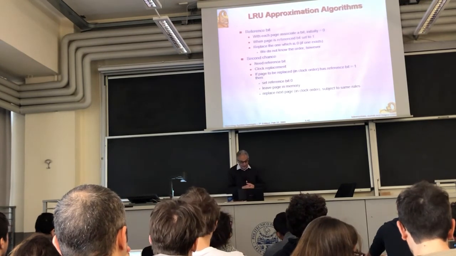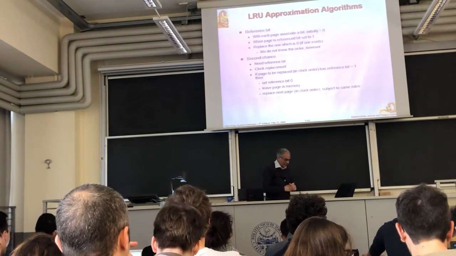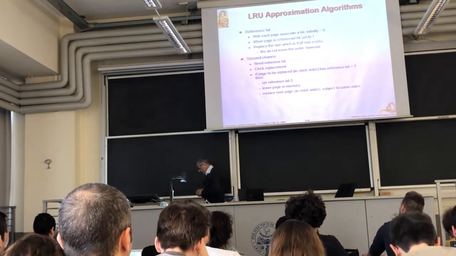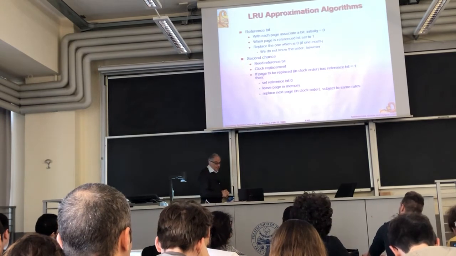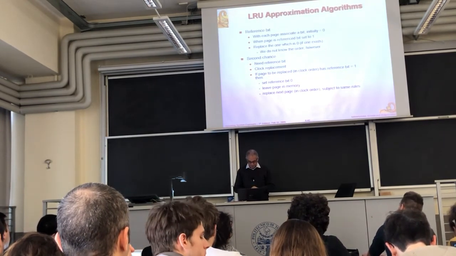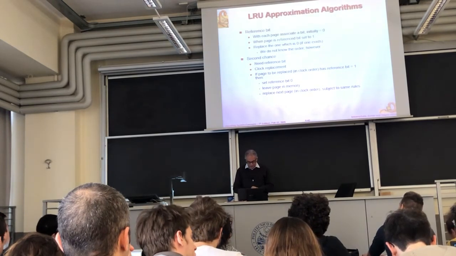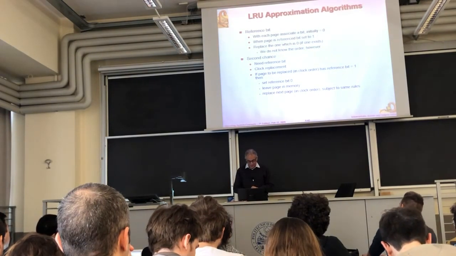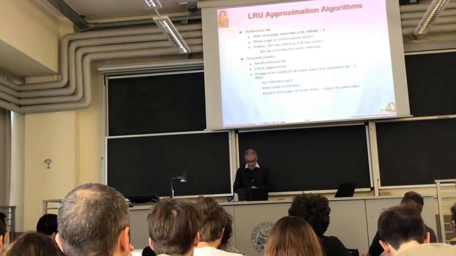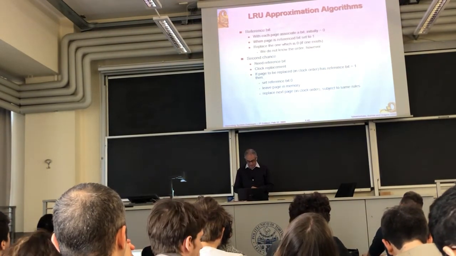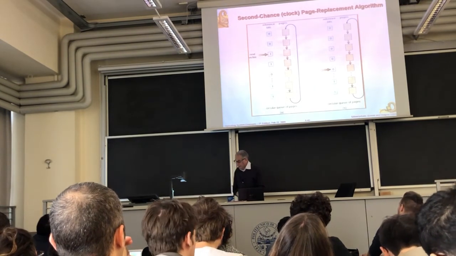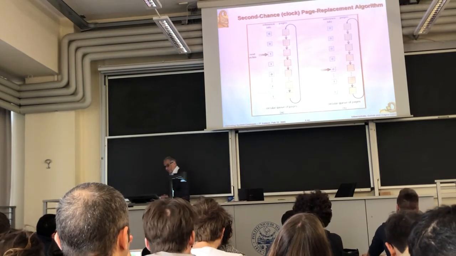Approximations and real implementation of a replacement algorithm is done with the reference bit and the so-called second chance algorithm. How? It is better to look at this figure here.